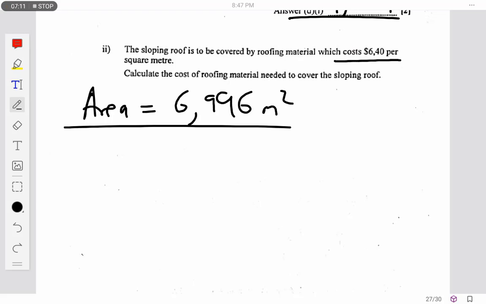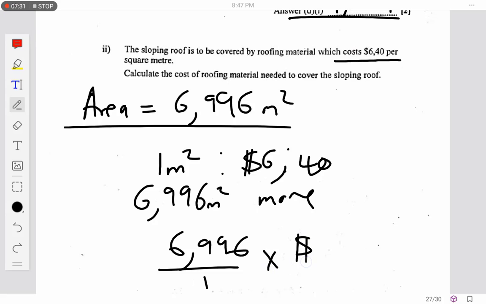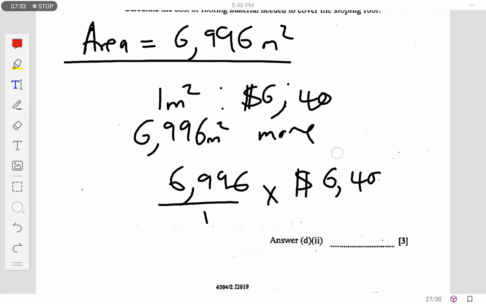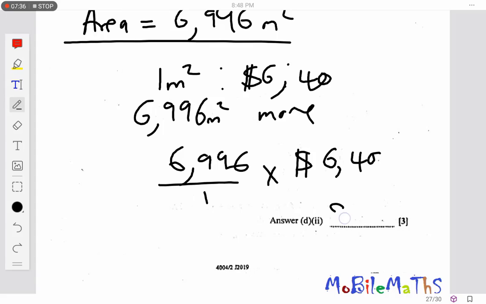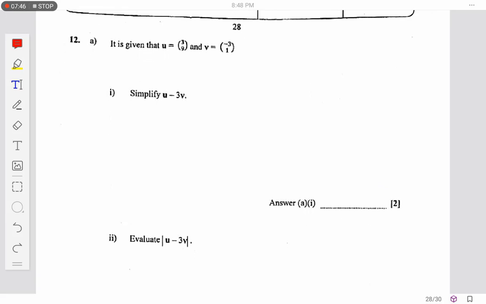So basically, because we are using ratio, 1 square meter is $6.40. Then if we have 6.996 meters squared, we can say 6.996 over 1 times the money, $6.40 there. You will get your answer as $44.77 there. Okay, let's move on to the next question. My bad for that other question.